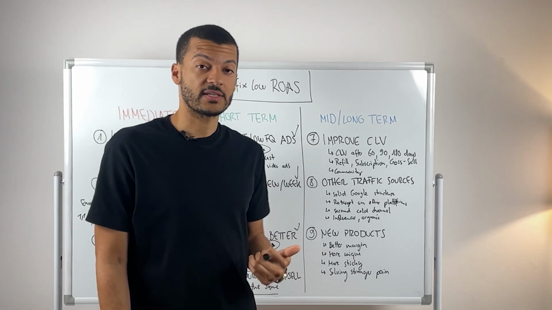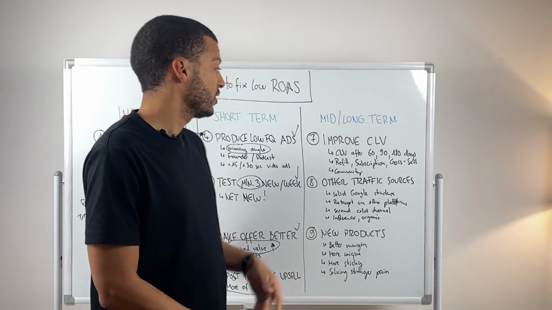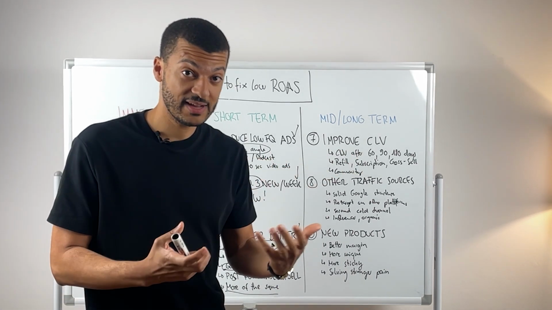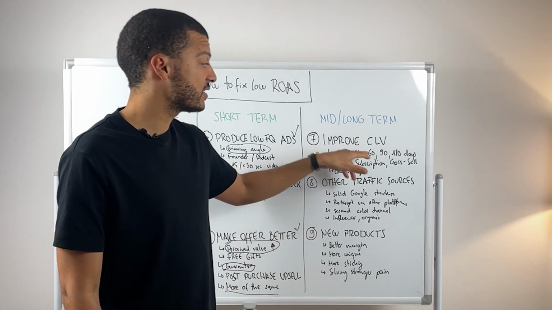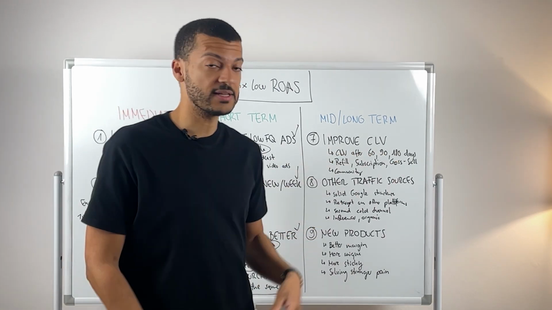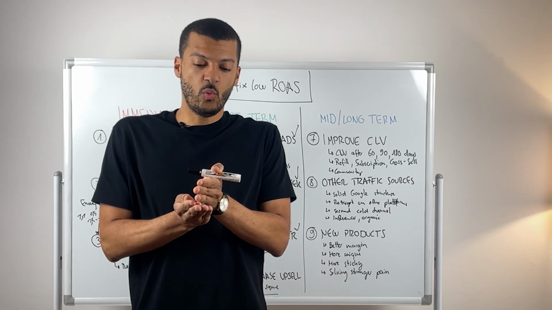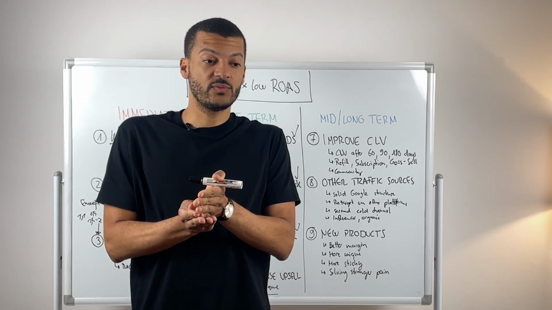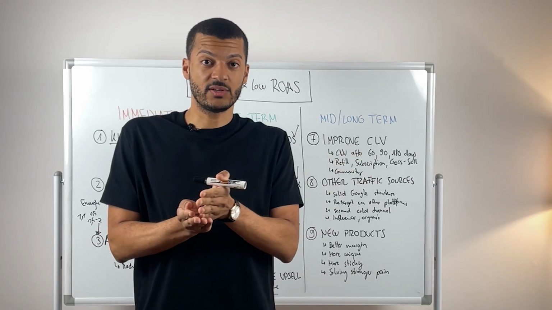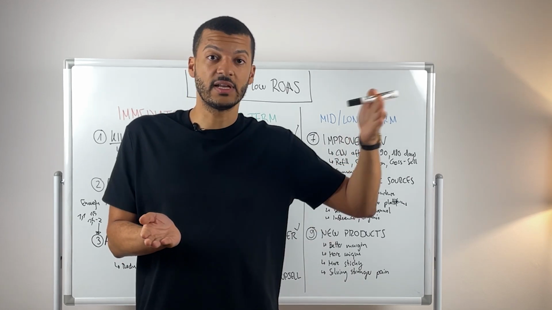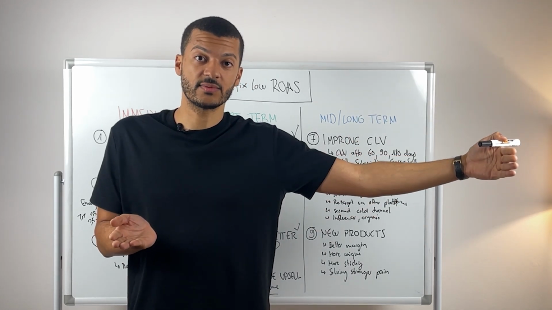7, improve customer lifetime value. So here the task is to, first of all, track the customer lifetime value after 60 days, 90 days, 180 days. So it's basically after somebody purchased, what is their lifetime value, like their total sales on average after 60 days, after 90 days, after 180 days, right?